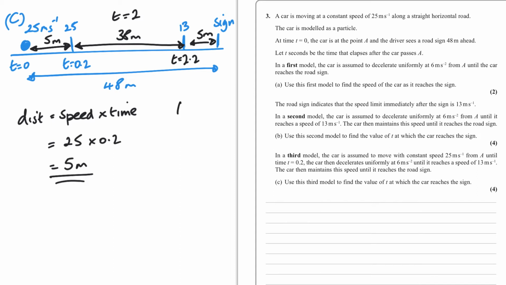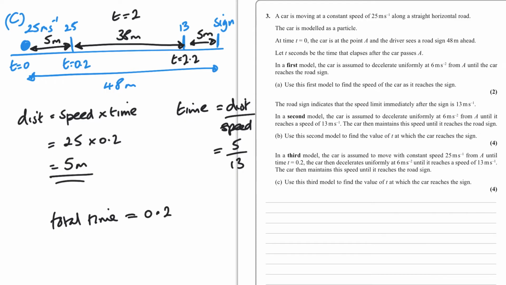So the time in my final little section is distance over speed. The distance is 5 and the speed is 13. So my total time is essentially my 0.2 plus 2 plus 5 over 13.